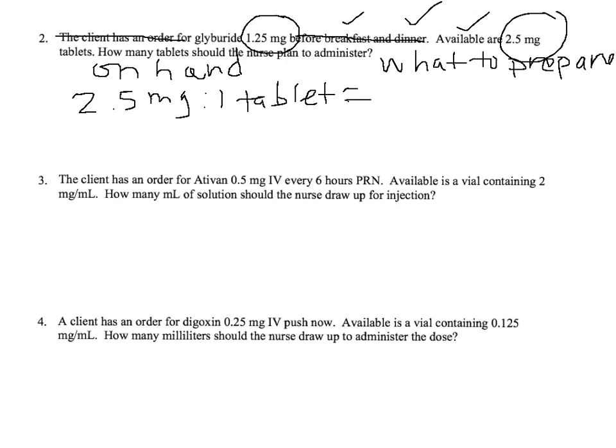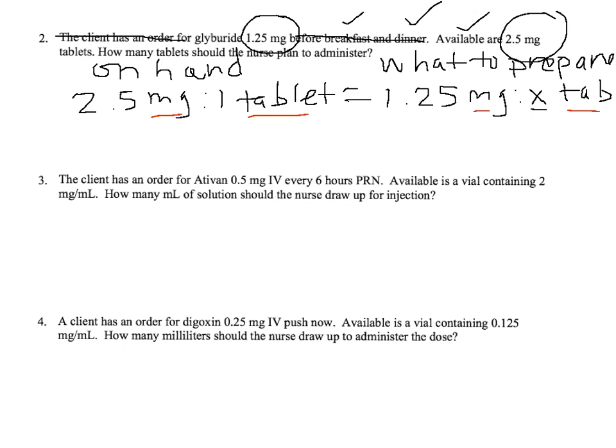What I need to give is 1.25 milligrams, but I don't know how many tablets that is. So I've got my X here. Now, double check yourself. Sometimes errors happen because you've switched up the equation on one side or the other. Milligrams are in the first spot. Tablets are in the second spot.